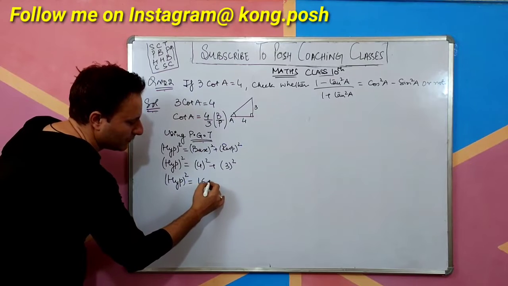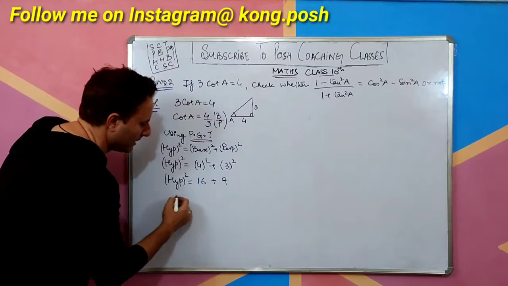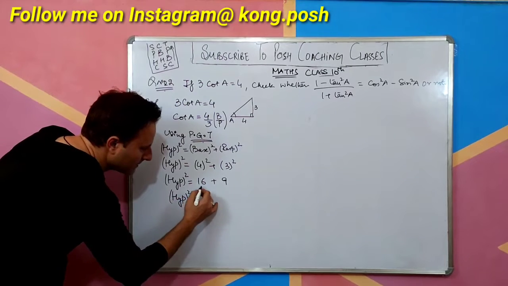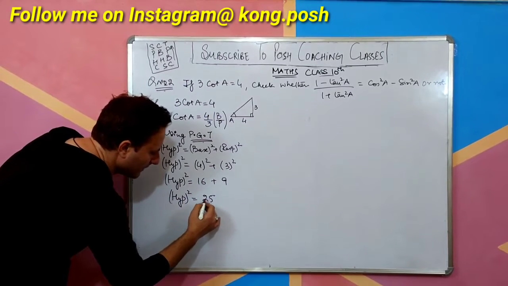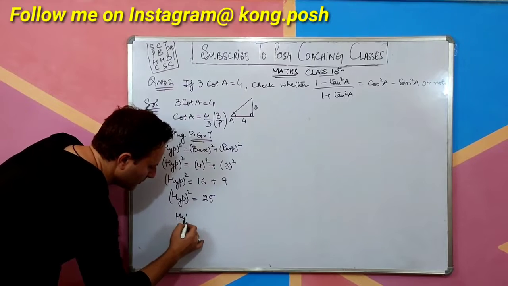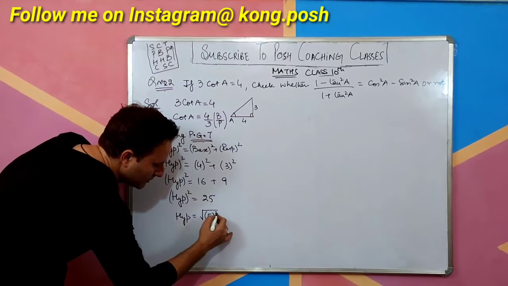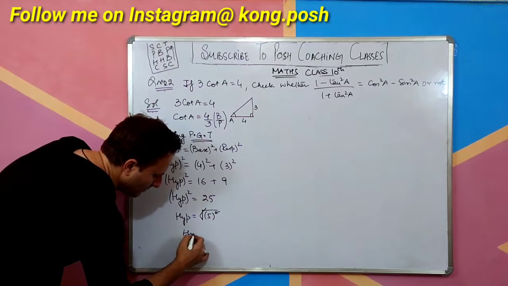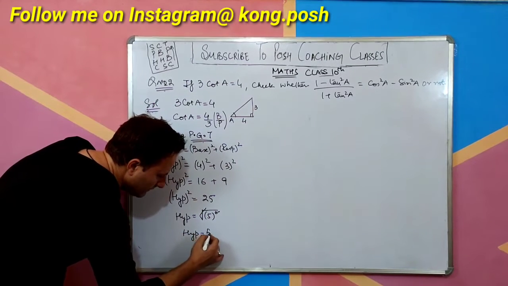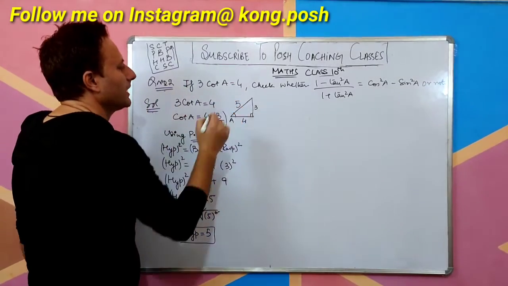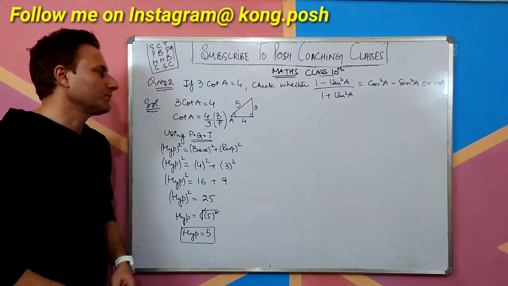It is 4 into 4, 16, then we have 3 into 3, 9. Hypotenuse square, 16 and 9, it is 25. This square goes that side, this becomes 5 square, so hypotenuse is 5. Right, so the first thing is done. So we have hypotenuse equal to 5.